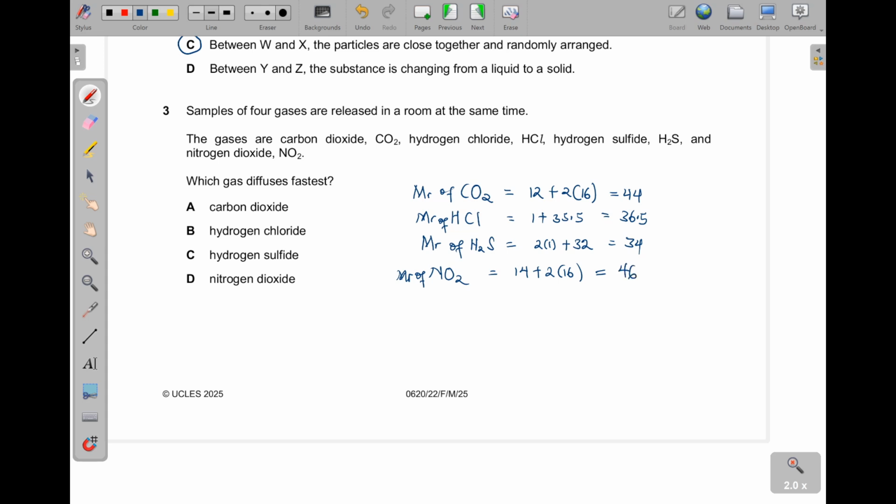So the one that diffuses fastest is the one that has the lowest molecular mass, and this is the 34. So 34 belongs to hydrogen sulfide. So the answer here is C.